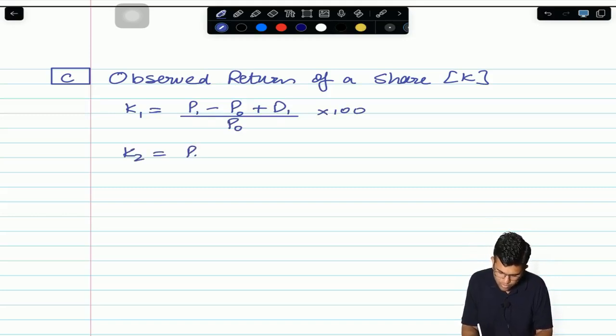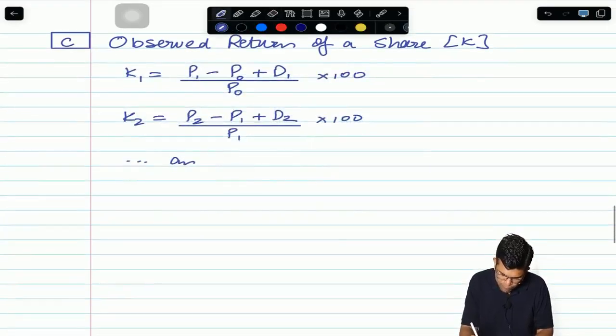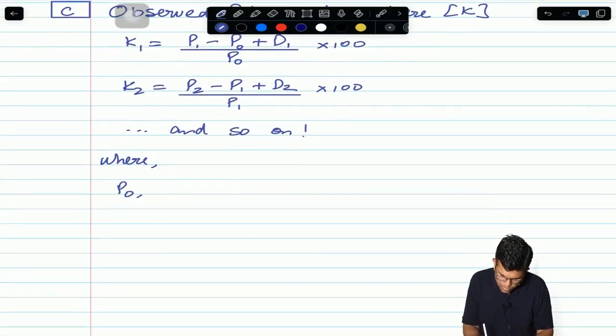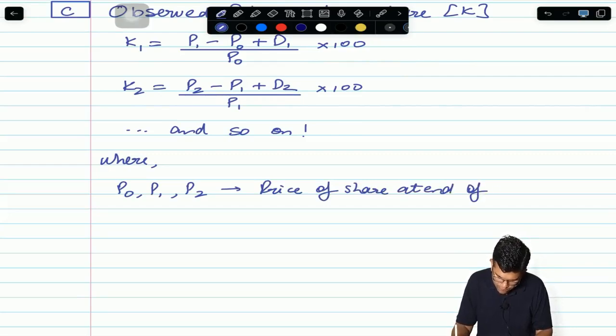K2 equal to P2 minus P1 plus D2 the whole upon P1 into 100, and so on, where P0, P1, P2 are the price of the share at the end of years 0, 1 and 2.